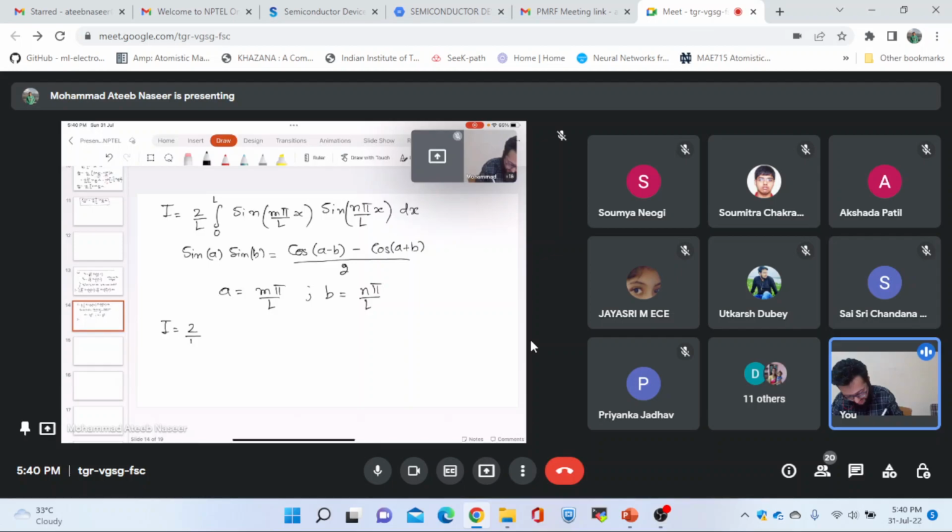This will be 2 by L integrated over 0 to L, with the cos term being cos of m pi by L minus n pi by L times x, and cos of A plus B, which is m pi by L plus n pi by L times x, dx.